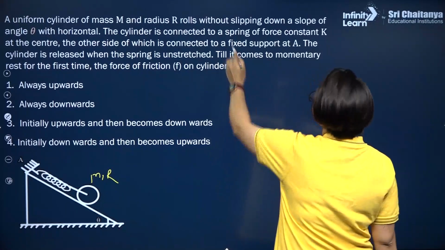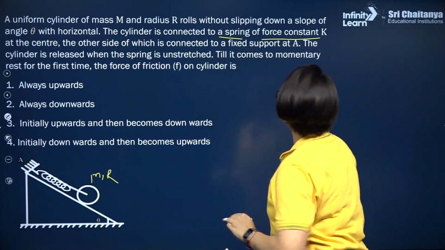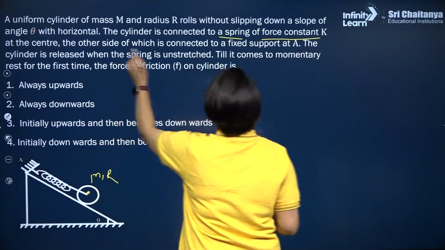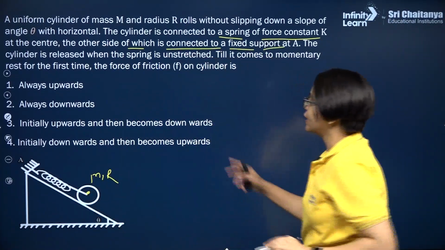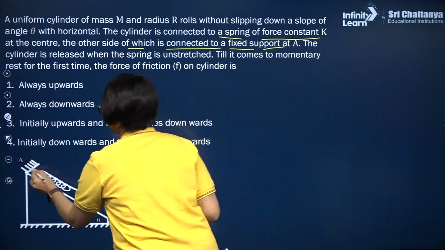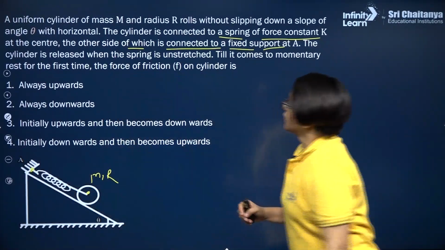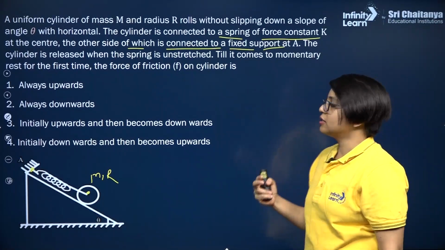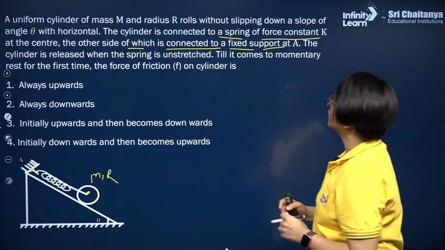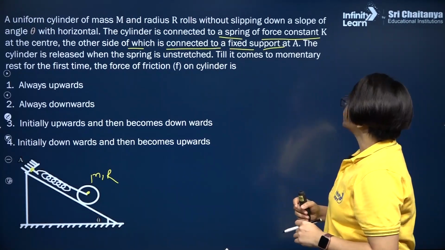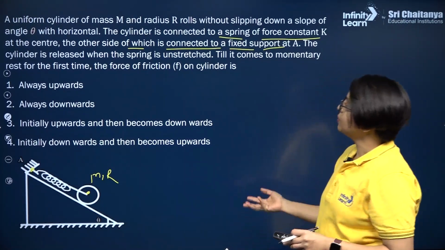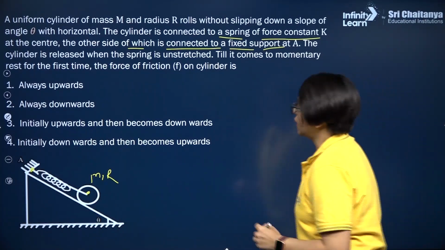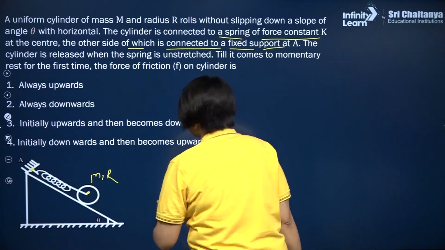The cylinder is connected to a spring of force constant K at the center, the other side of which is connected to a fixed support at A. The cylinder is released when the spring is unstretched, till it comes to a momentary rest for the first time. The force of friction on the cylinder is. So over here, we need to find the direction of the force of friction on the cylinder.